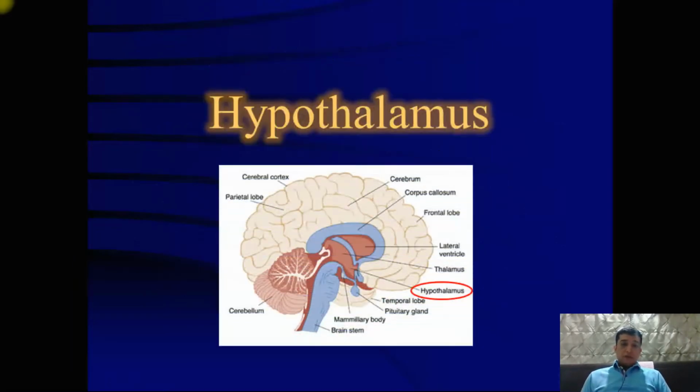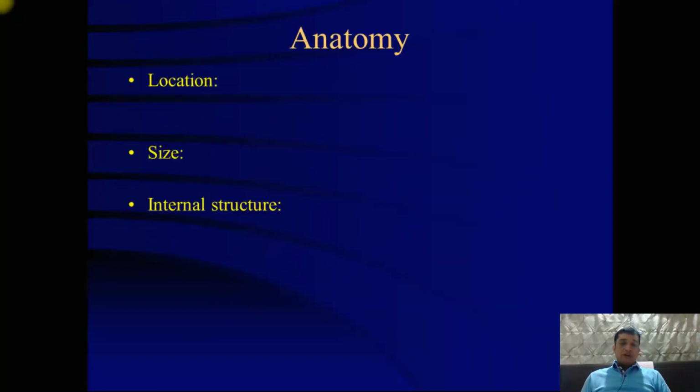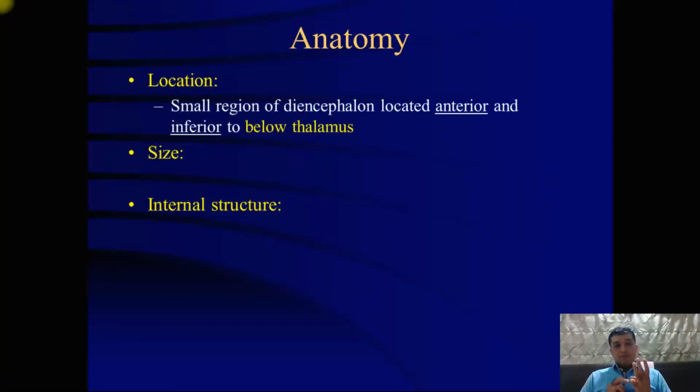Okay, so let's start with the first one, that is the hypothalamus. Going for the details of the anatomy of the hypothalamus. Location: definitely you all know that it is located in the part of the brain which you call the forebrain. You know that there are three regions of the brain: forebrain, midbrain, and hindbrain, right? And the forebrain again contains three regions.